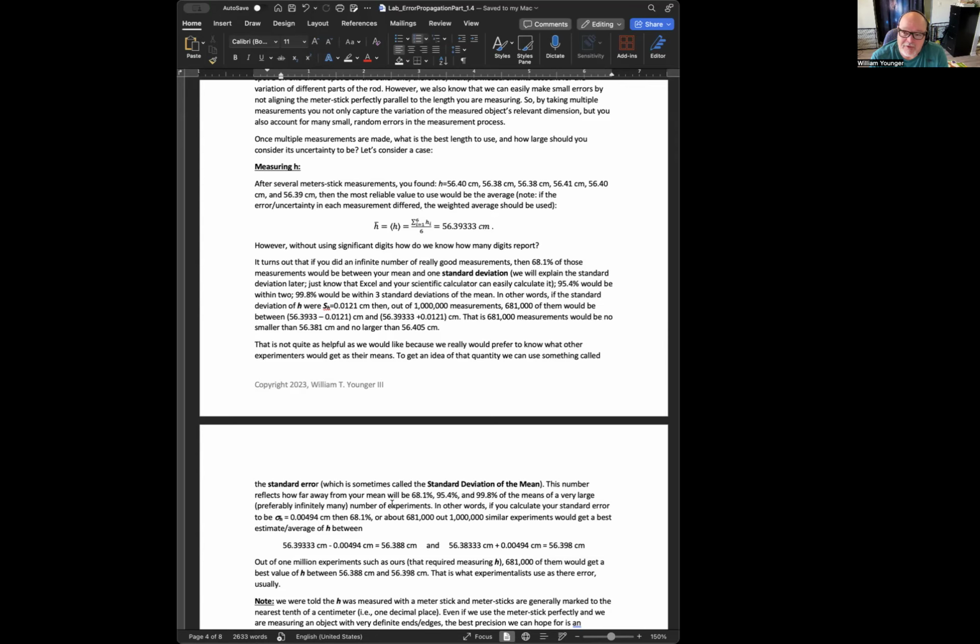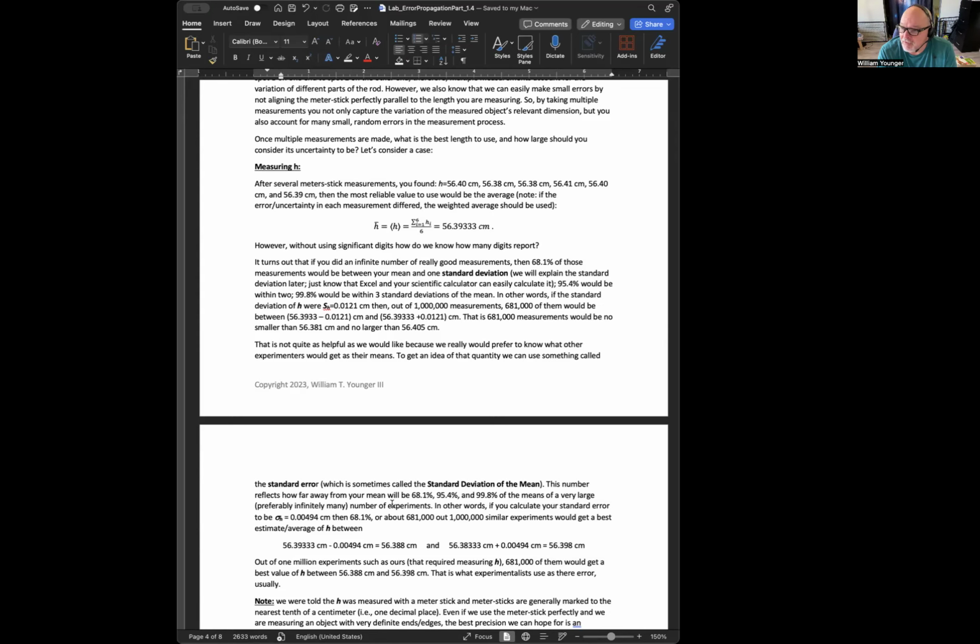So a lot of times when the two digits are 0.0014 or 0.0015 or 0.0016, people will take the time to write that error with two digits. That's okay.